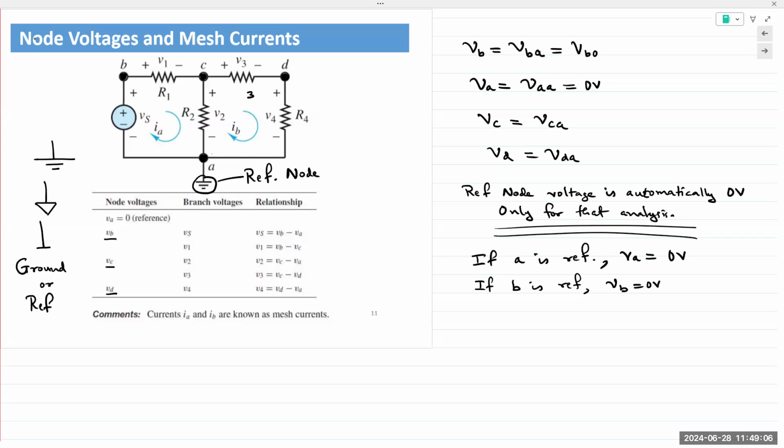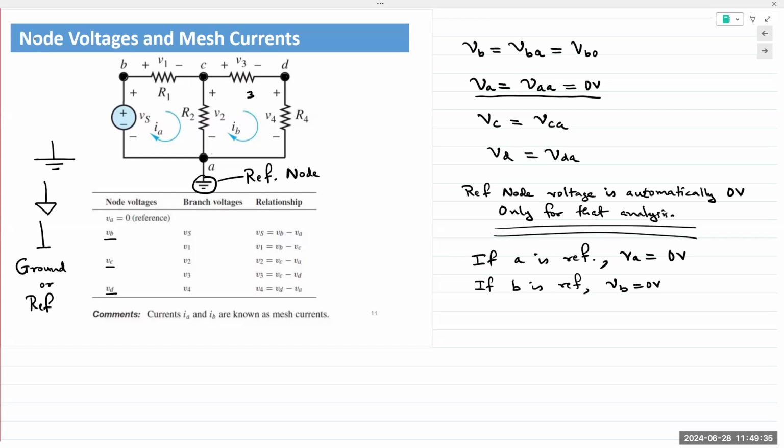The question being asked is, what makes the reference node 0? Simple answer, and then I'll talk in depth also. When we say a reference node, we mean that all voltages at nodes in a circuit are measured with reference to that node.